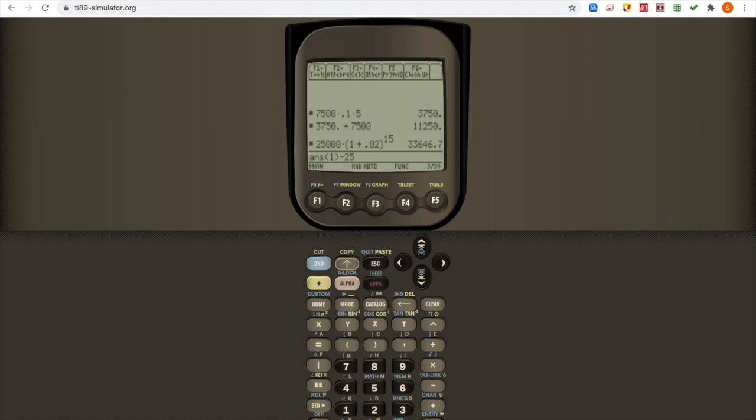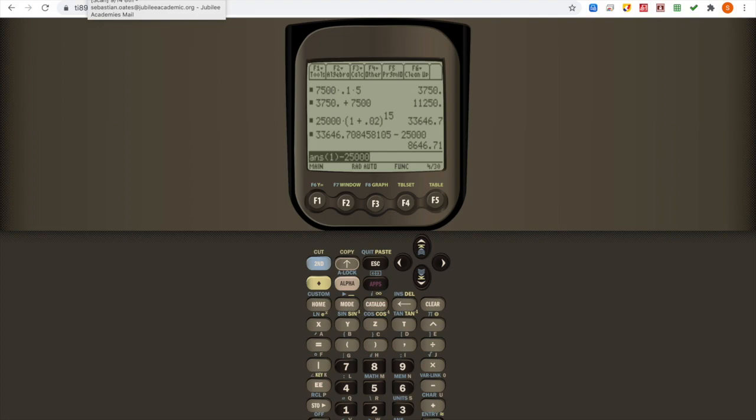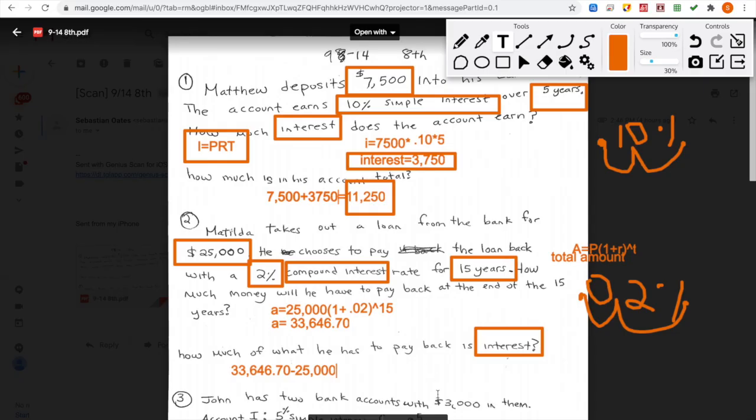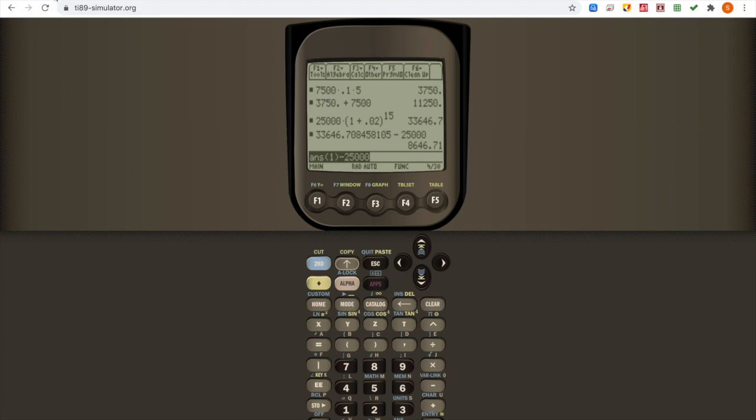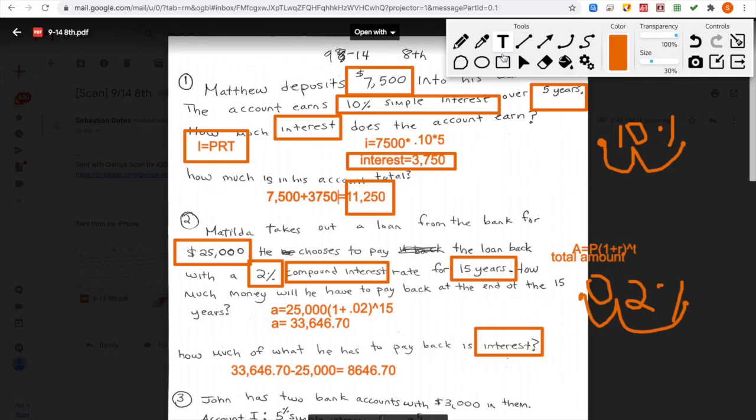And we're going to be left with $8,646 and should be 70 cents. And so that's how much the interest was on this account.